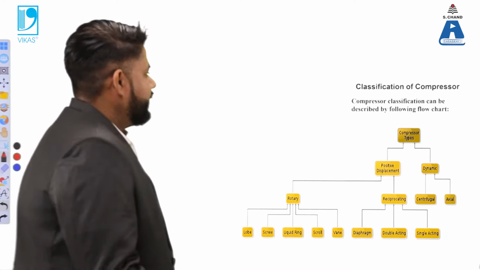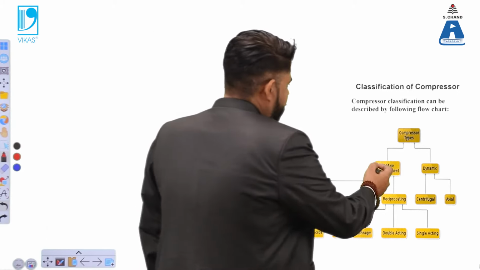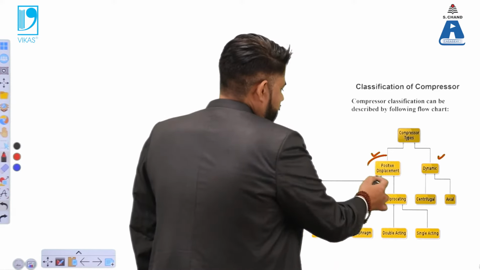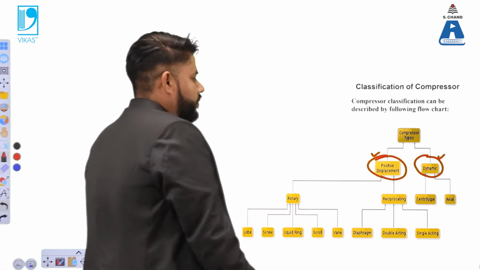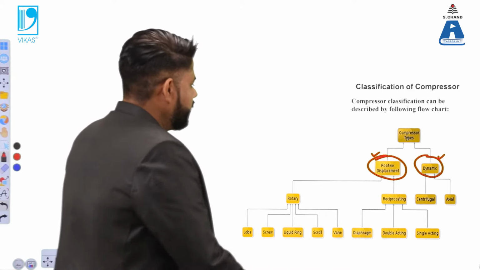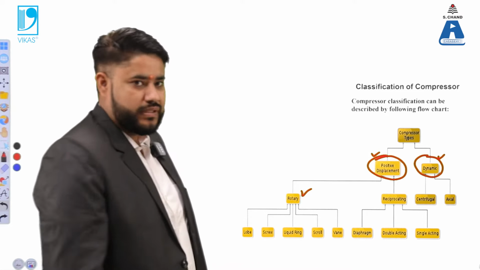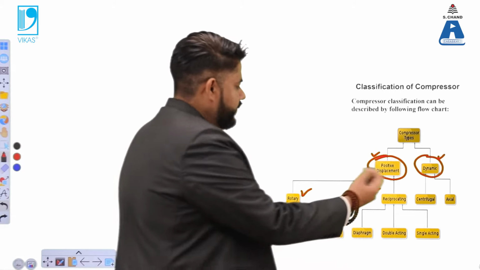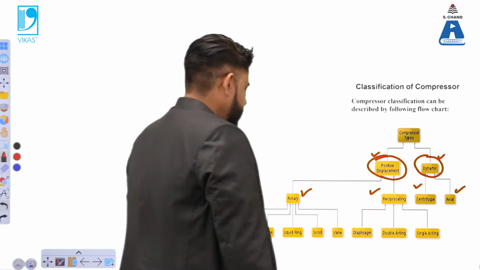Now, how do we classify the compressor? Compressors can be classified into two categories: positive displacement and dynamic. In the positive displacement category, there are rotary compressors and reciprocating compressors. In the dynamic category, there are centrifugal and axial compressors.